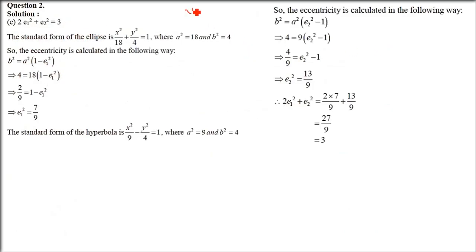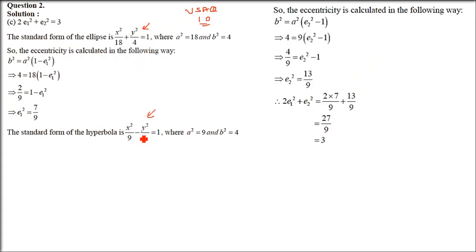The next one: if you go to VSAQ and see question number 10, exactly the same question we have already done. But I'll give you an idea here, for those who haven't seen that video. These are two equations. The important thing is, one is an ellipse, the other one is a hyperbola.